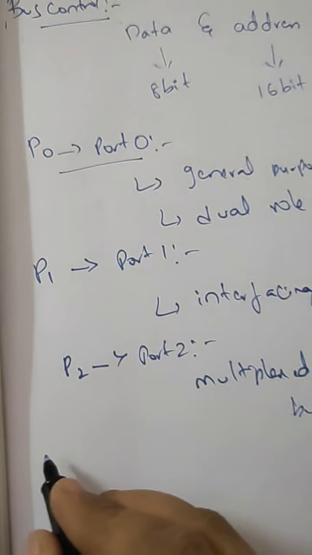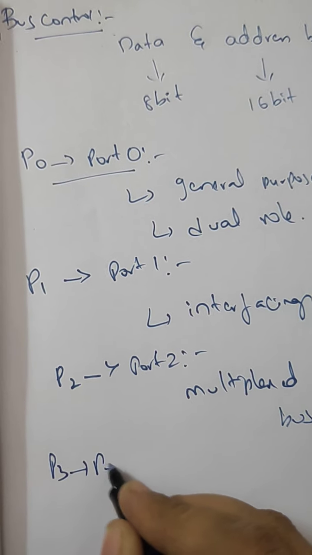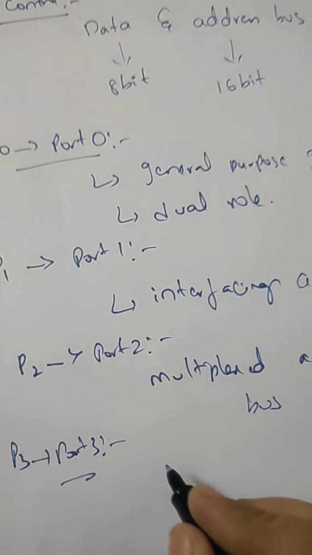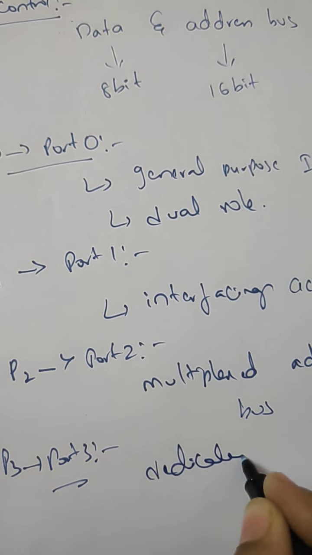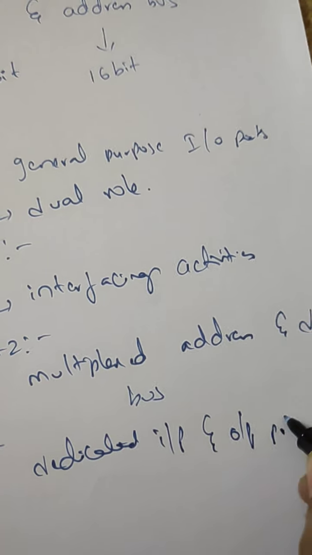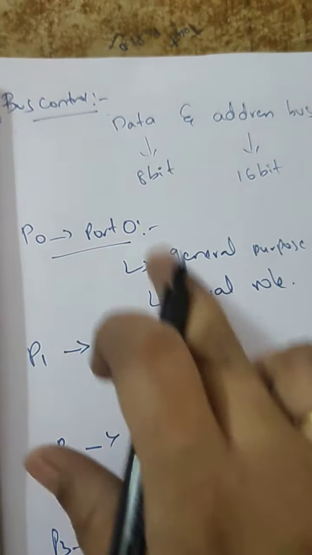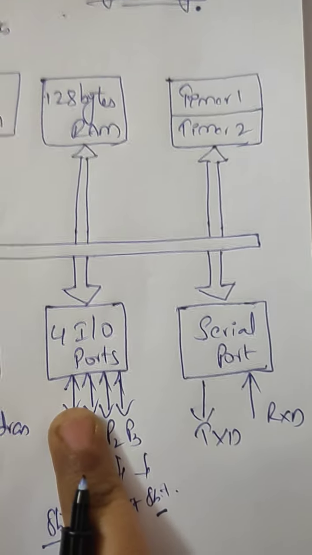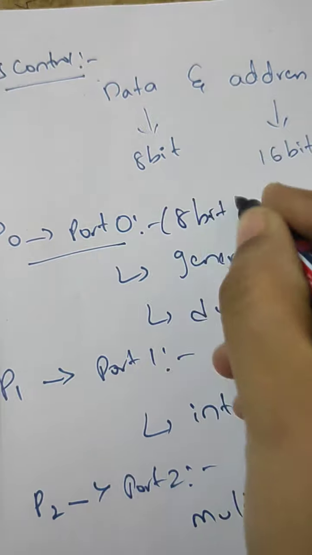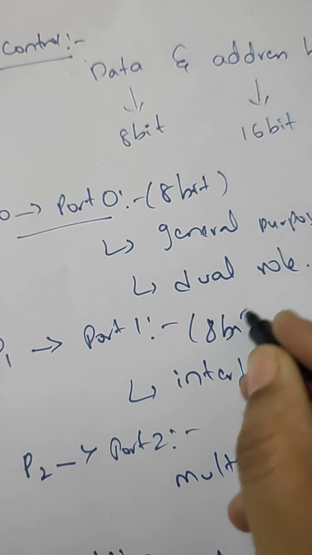Whereas port 3, that is P3, behaves as dedicated input and output ports. So these are all the 4 input and output ports, and you have to remember that each port consists of 8 bits of data.